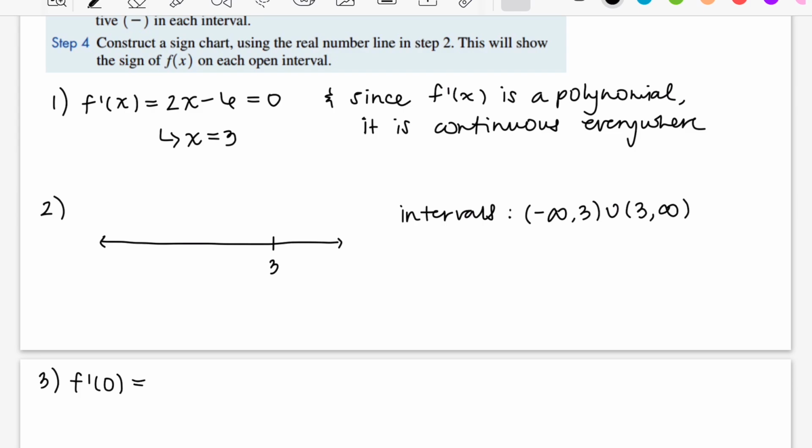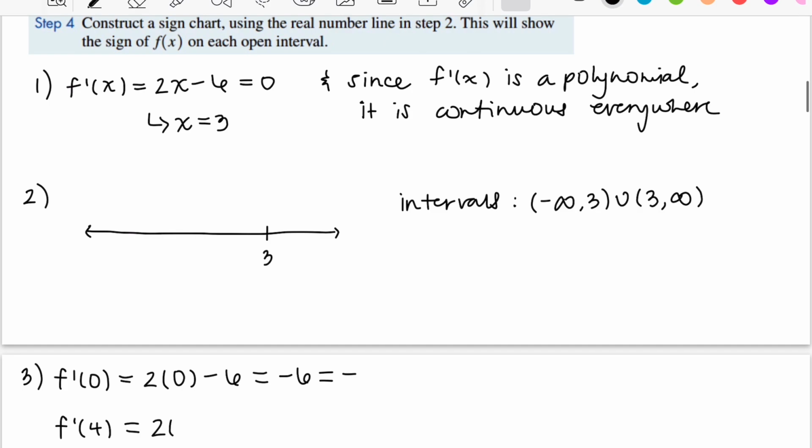So the first one I'm going to do is 0. 0 does live in this interval. And we can pick easy numbers like this. So we get negative 6, so we know that f prime at 0 is going to be negative. And then the next number I'll choose in the next interval is going to be 4. So we'll get 2, which is a positive number here.